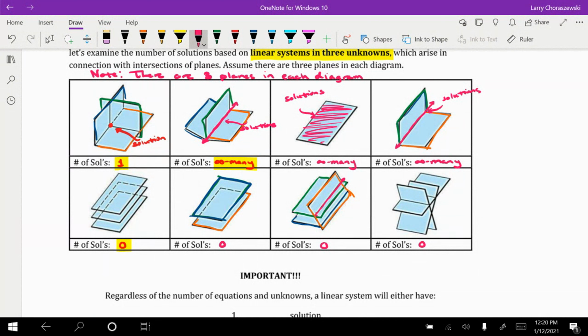Another scenario might be if you have the blue and the orange plane, only those two planes plotted together, in which case you would have infinitely many solutions to a system like that. But do keep in mind that we're to assume a linear system with three equations and three unknowns. So there's actually no point that is on all three planes at the same time.